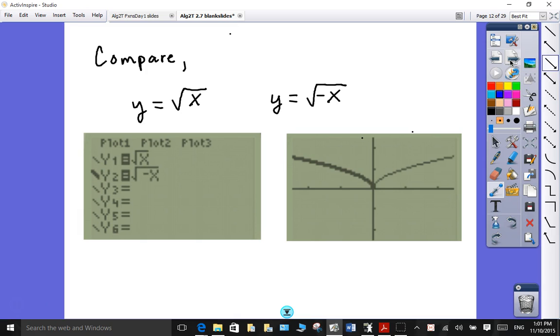Good. So you still have absolute value there, and now that square root, you don't have the negative x inside.